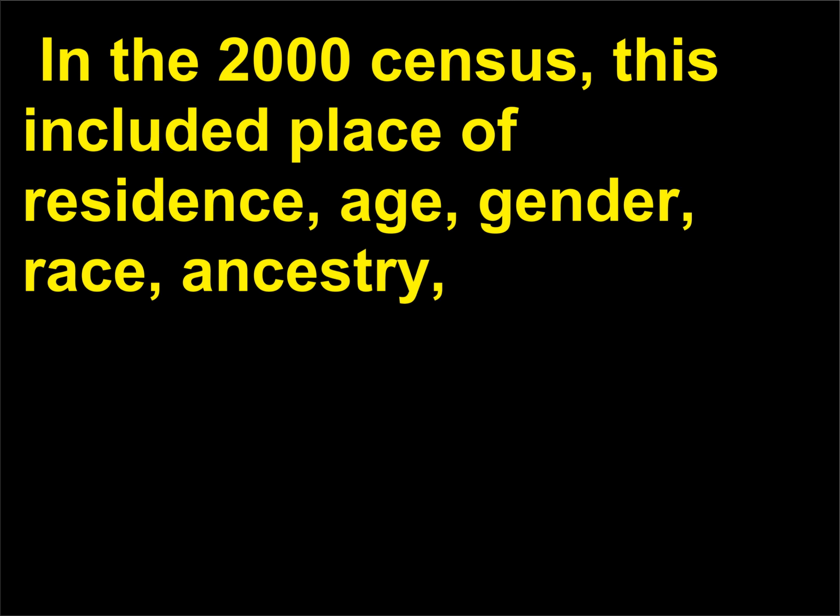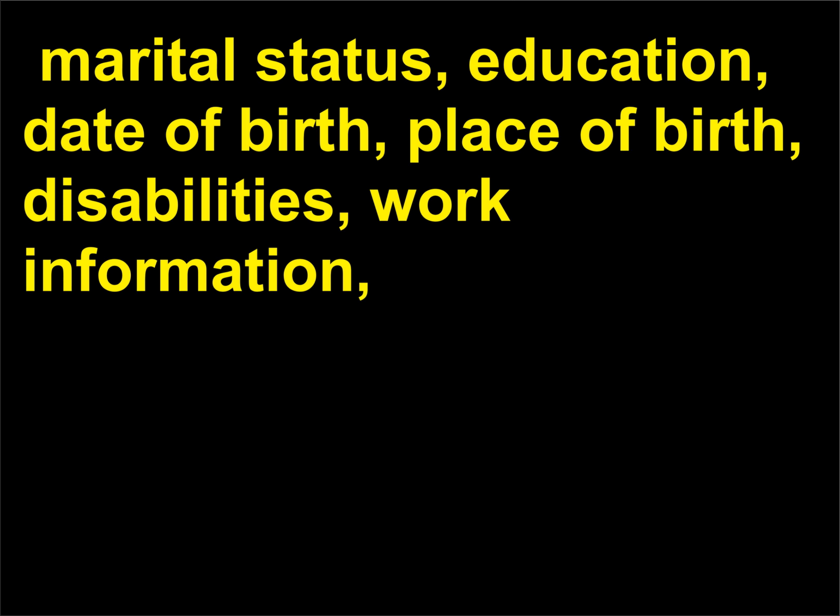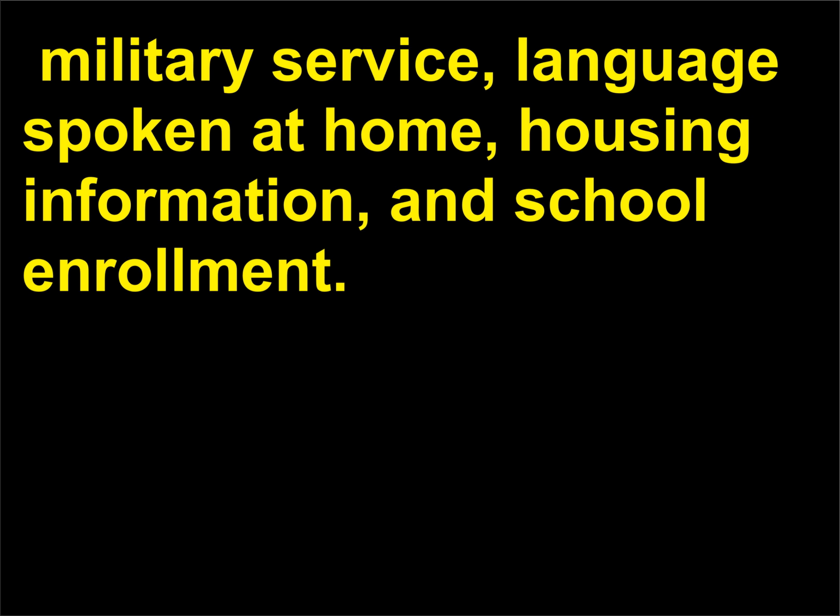In the 2000 census, this included place of residence, age, gender, race, ancestry, marital status, education, date of birth, place of birth, disabilities, work information, military service, language spoken at home, housing information, and school enrollment.